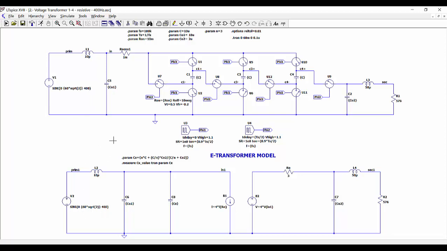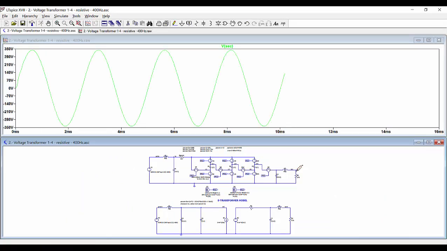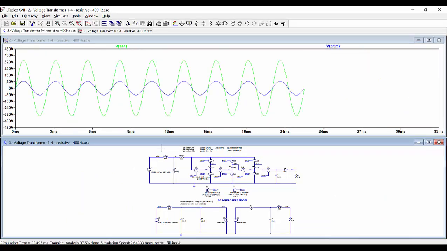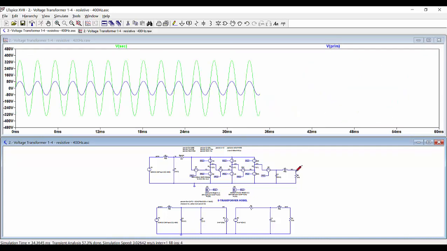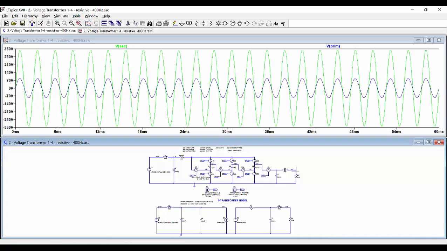So let's see if our voltage transformer, our converter, can also operate at this frequency. So here we are going to show the output voltage and here the input voltage. So we can see that the output voltage reproduces the input voltage without problem at 400 Hz, and probably it could operate even at higher frequencies.